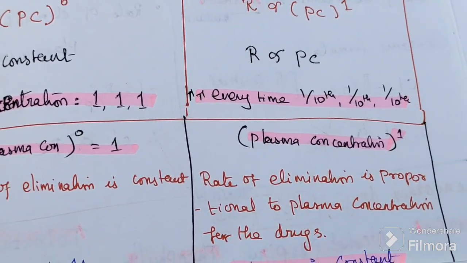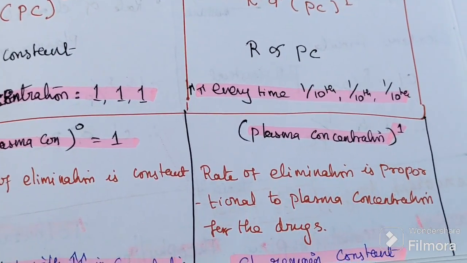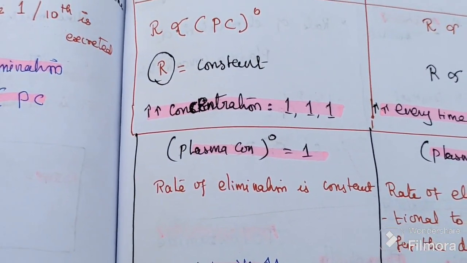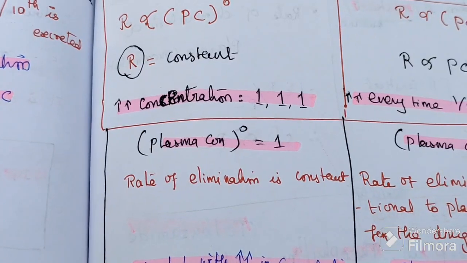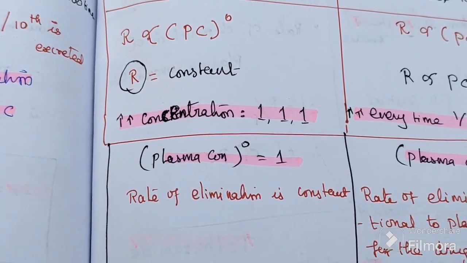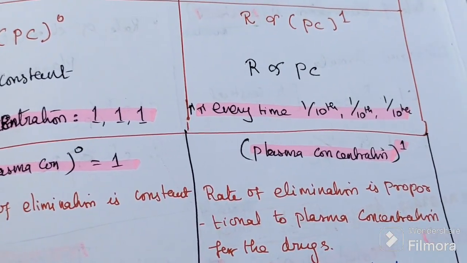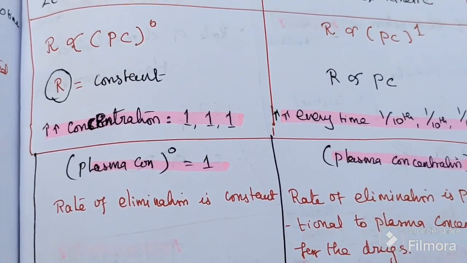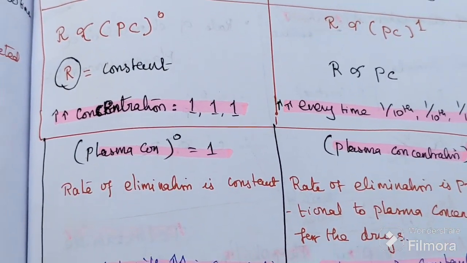So a fixed fraction is excreted. In zero order a fixed amount is excreted every time, 1, 1, 1. Here 1/10, 1/10, 1/10. So we have two types of order, zero and first order kinetics.